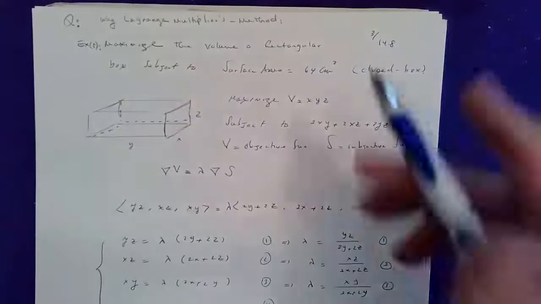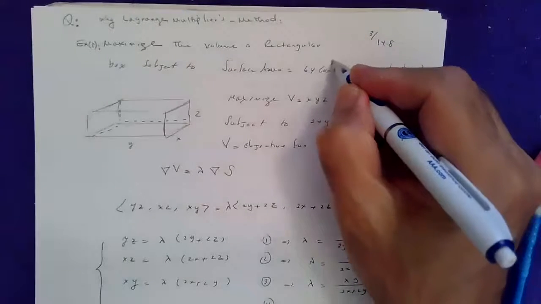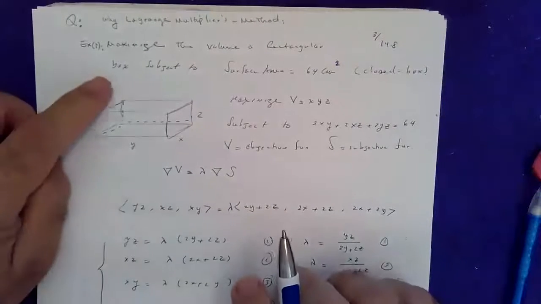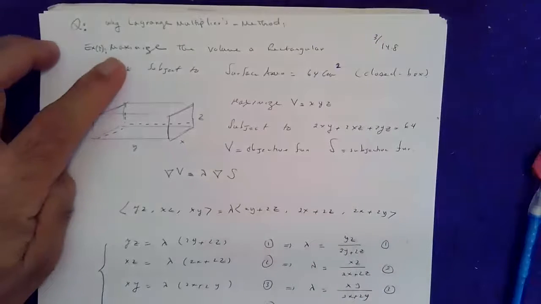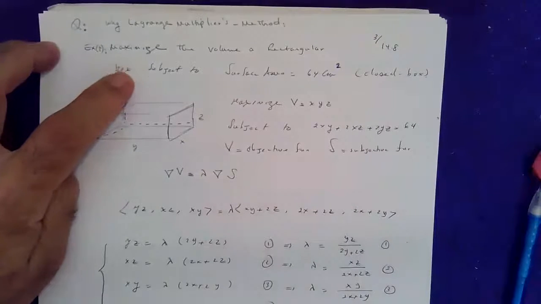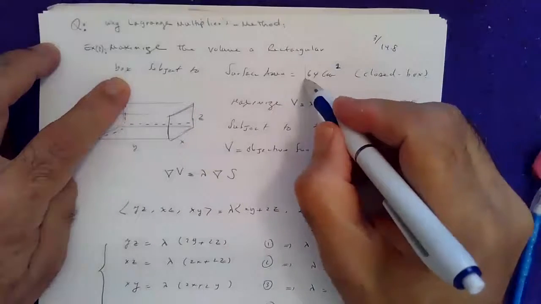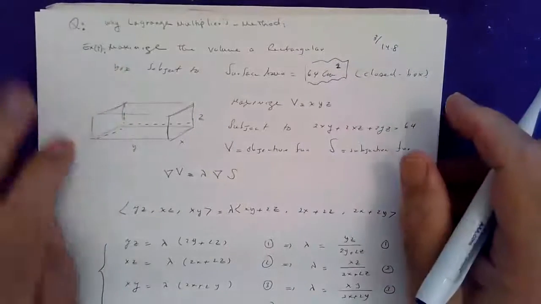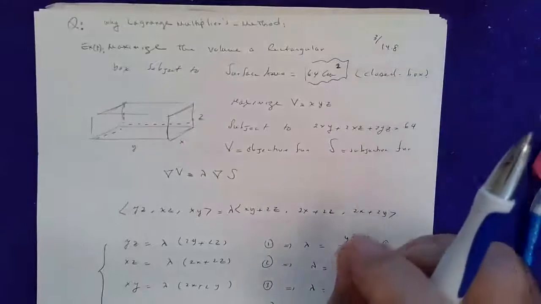So you see what the problem is, don't you? In other words, give me the dimensions of a box with maximum volume, but the surface area is fixed. I want it to be 64 square centimeters.